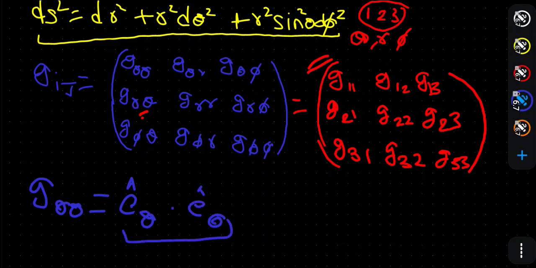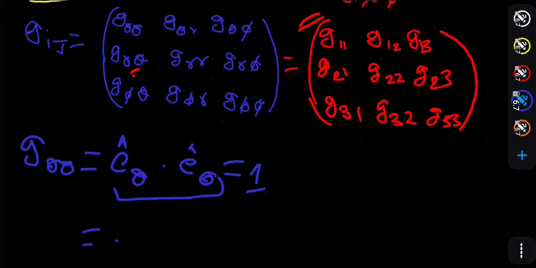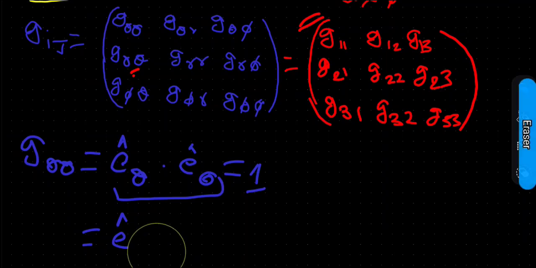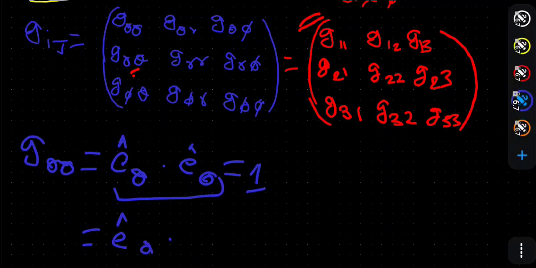Both are the same basis vectors, and we are doing the dot product, and the angle between them will be zero in the general form, the flat Euclidean space, so this equals 1. But if we multiply different basis vectors, like e theta with e r, these are orthonormal, and if they are orthonormal, the value is 0.